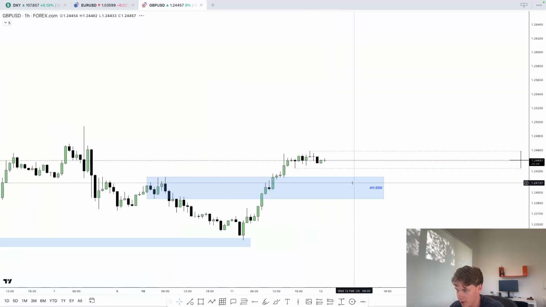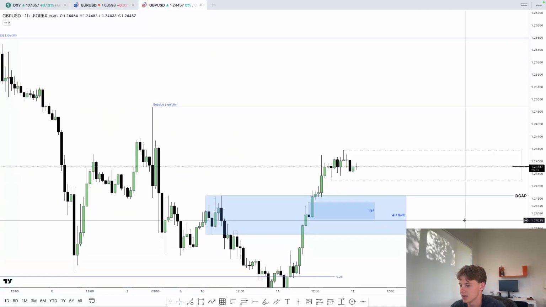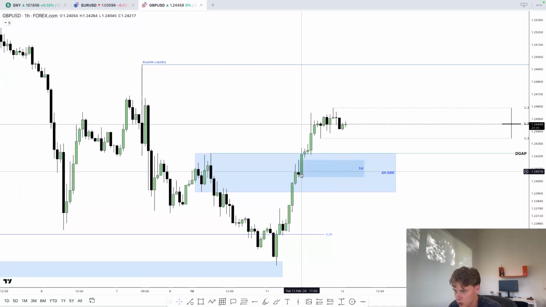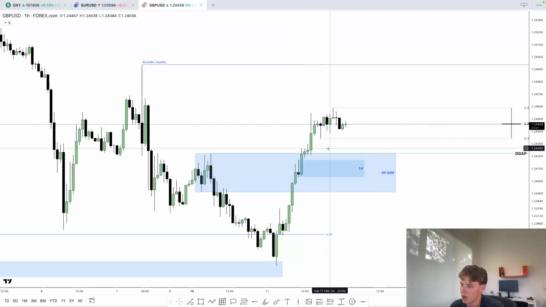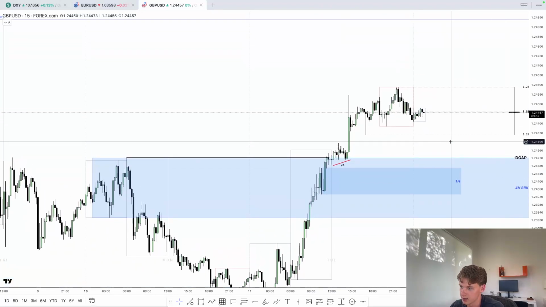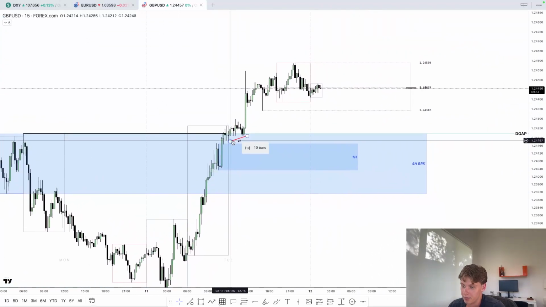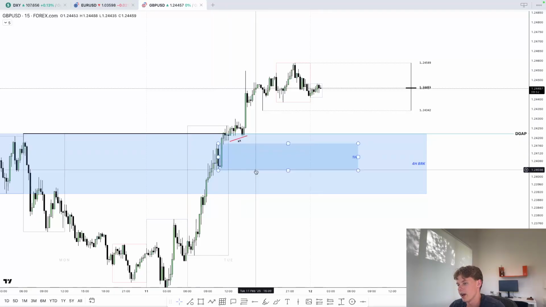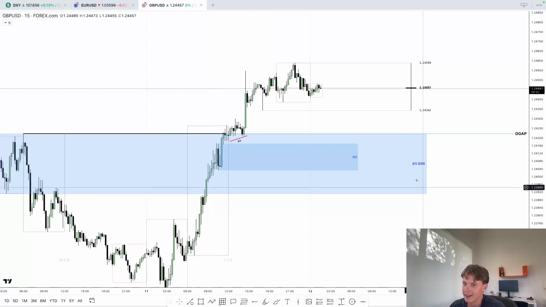Going down to the 1-hour time frame, we can see the stacked PD array. So this 1-hour sell before the buy, and we have liquidity here, which will be better seen on the 15-minute time frame as I've marked out. This liquidity before this 1-hour zone, in this 4-hour breaker, in the 4-hour fair value gap with the daily gap still open.